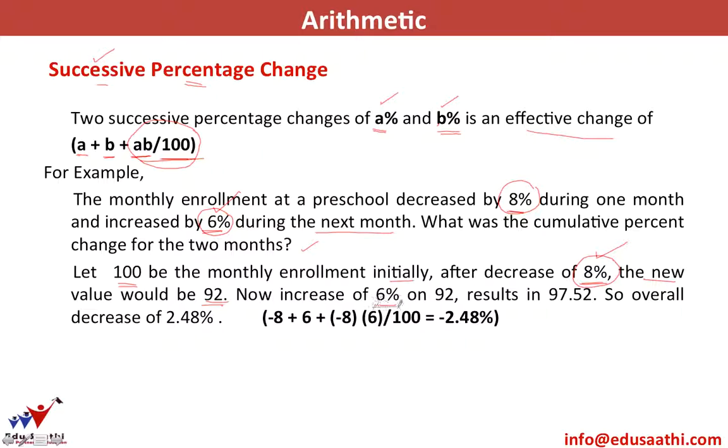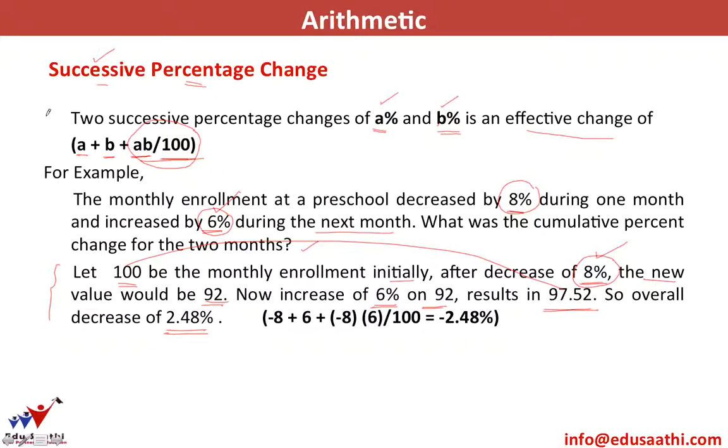So 6% on 92, if I just calculate it and add it to 92, results in 97.52. So actually from 100 to the value of 97.52, there's been an overall decrease of 2.48%. This is how I just do it, theoretically, by assuming the value to be 100.